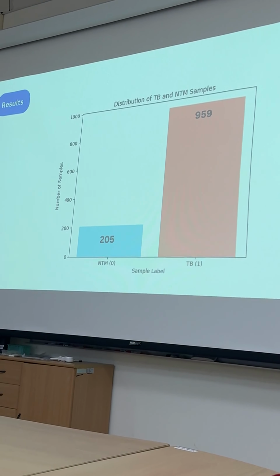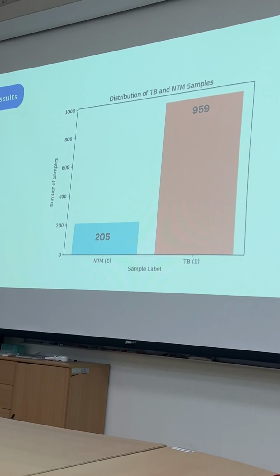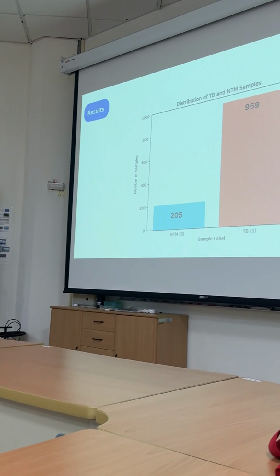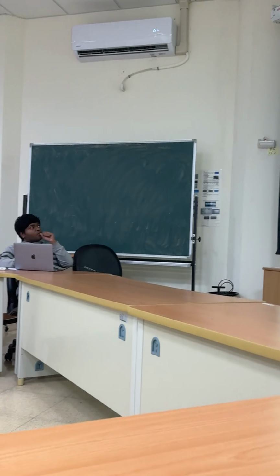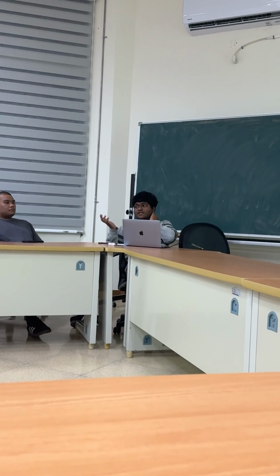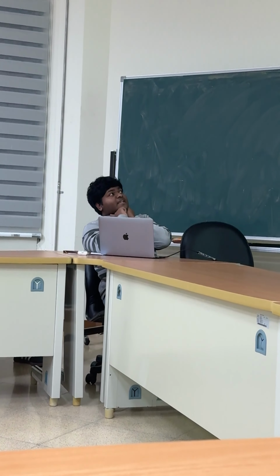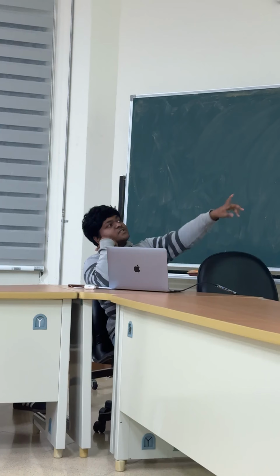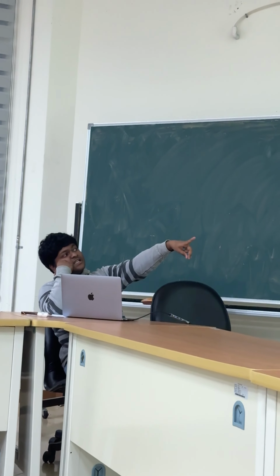As I said, when I came here, the original data set was 205 NTM and 959 TB. When I did the feature engineering and all the steps which I've described, we can see a clear difference between NTM and TB. 0 indicates NTM and 1 indicates TB.